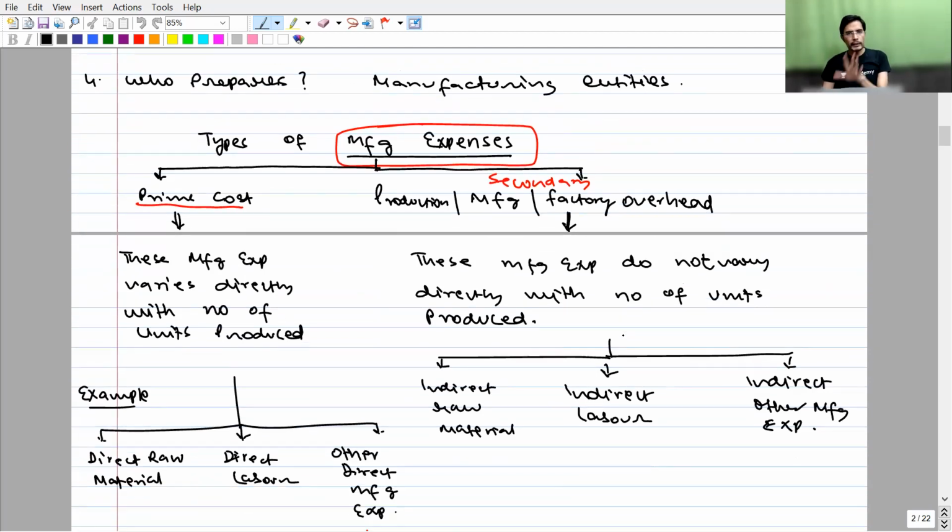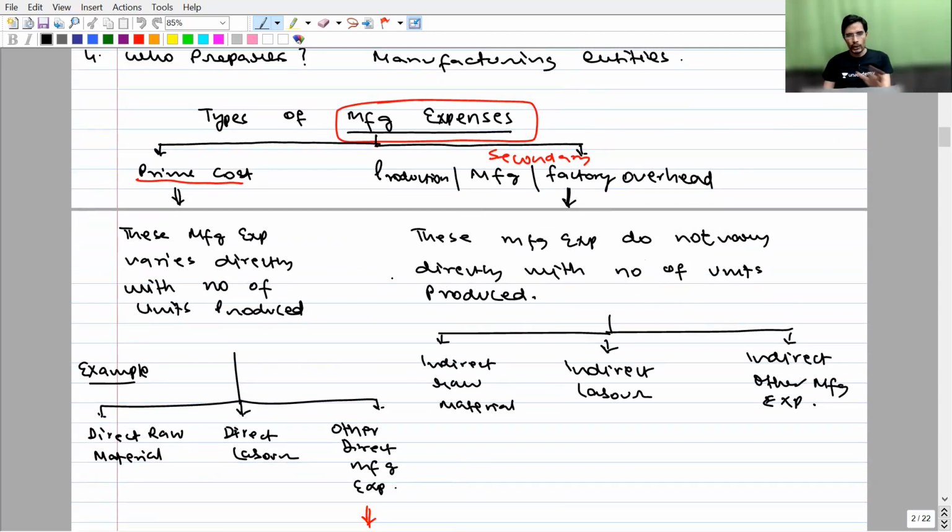Now, there are 2 types of manufacturing expenses. One is prime cost, and the other is production, manufacturing, or factory overhead, also known as secondary cost. But popularly, it is known as factory overhead. Prime cost refers to those manufacturing expenses which vary directly with the number of units produced.